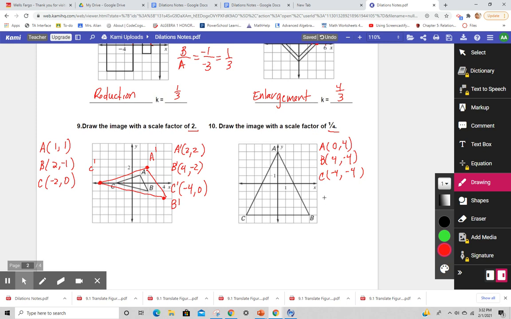All right, so now let's find A prime. We want to take 0 and divide by 4, you're going to get 0. Take 4 and take 1/4 of that. 4 times 1/4. That's what you're doing, you're multiplying it. So that's going to be 1, because 4/4 is what you get.